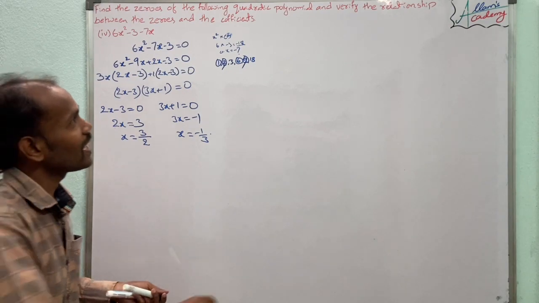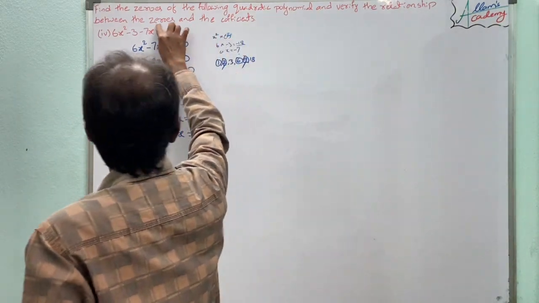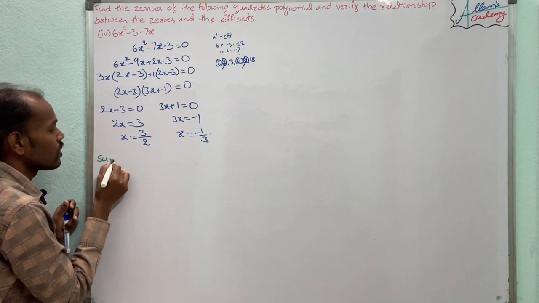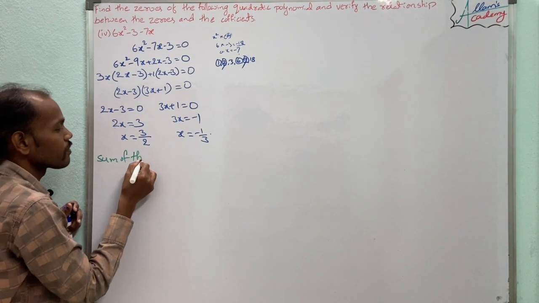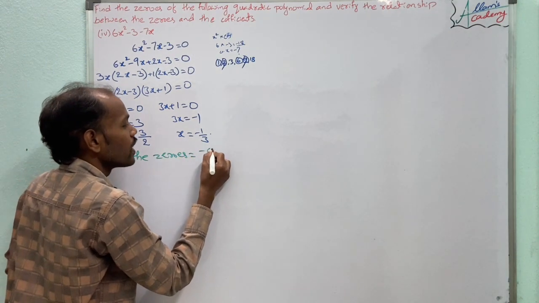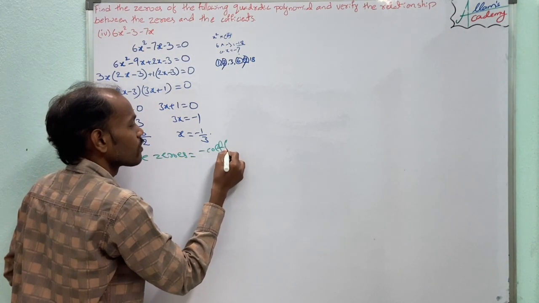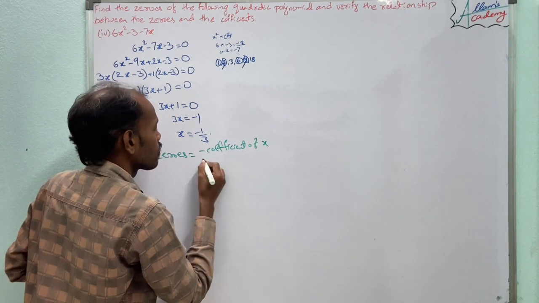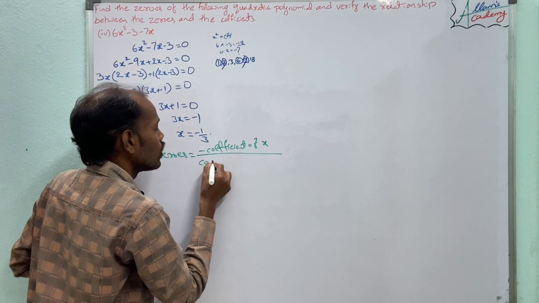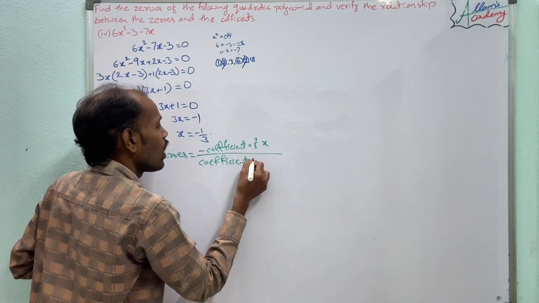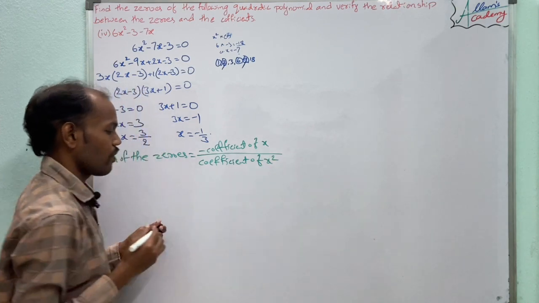Now checking the relationship between zeros and the coefficients. The sum of the zeros equals minus coefficient of x by coefficient of x square.